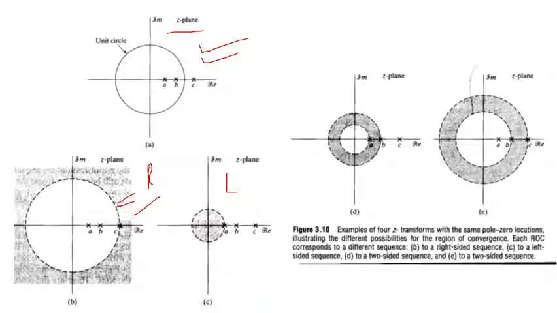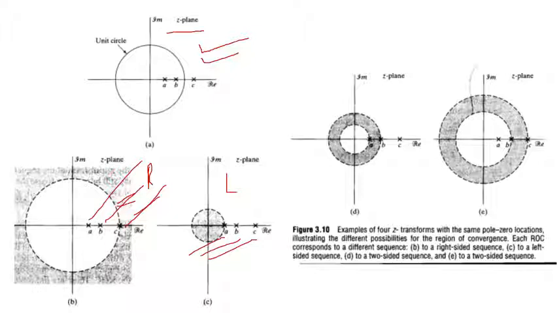For the intersection of all these, A is going outside, B is going outside, C is going outside, so the intersection appears after C. Whereas here, z is less than C, less than B, and less than A, so all of these intersect inside A.